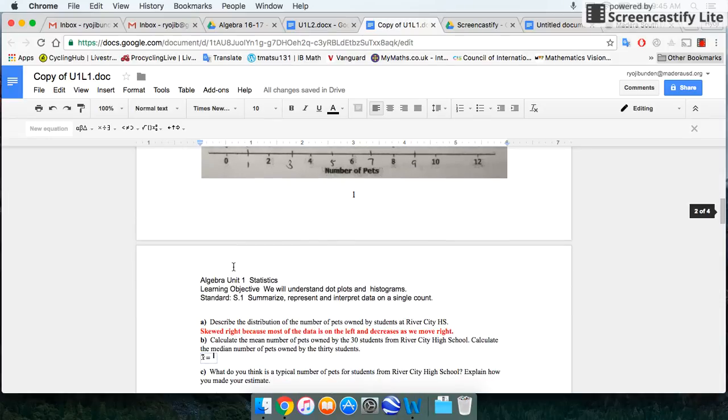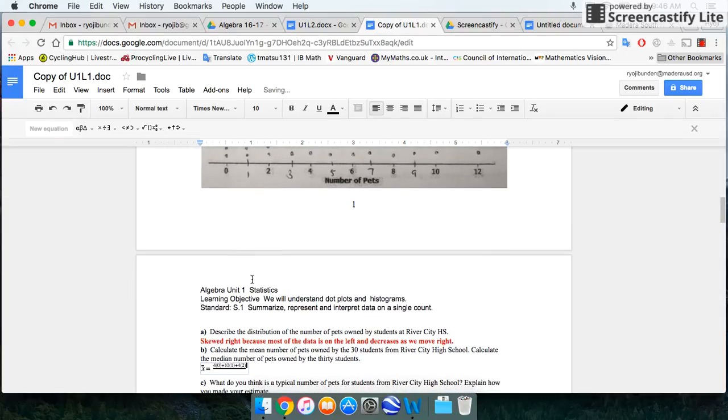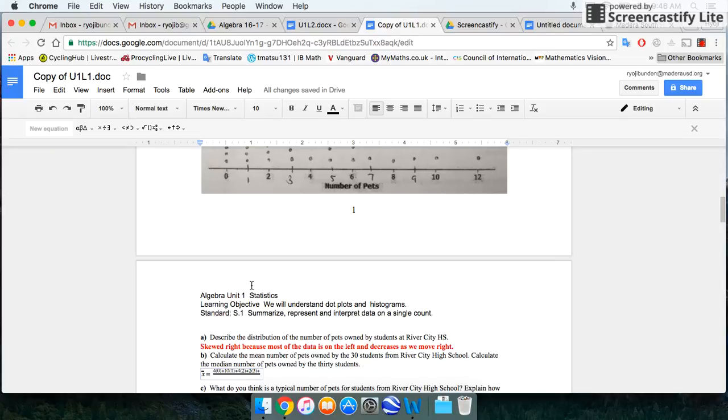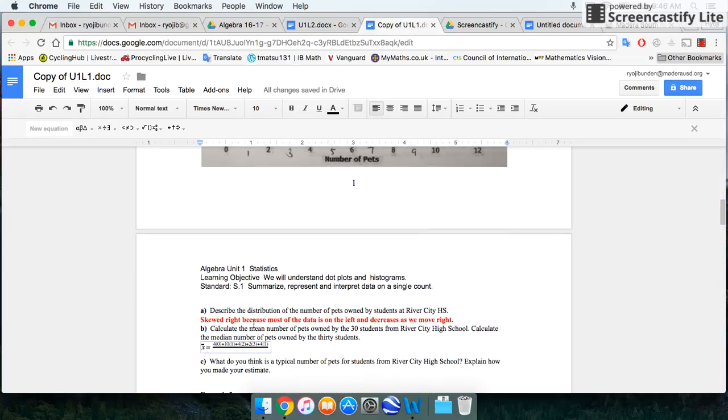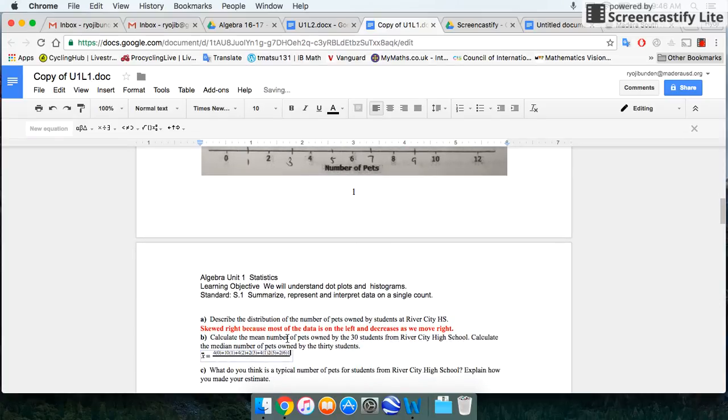So 0 occurs 4 times, so 4 times 0, plus 1 occurs 10 times, so 10 times 1, plus 2 occurs 4 times, so 4 times 2, plus 3 occurs twice, so 2 times 3, and then 4 occurs once, so 4 times 1, 5 occurs twice, 6 occurs twice, so 2 times 5, plus 2 times 6, 7 occurs once, 8 occurs once, so 1 times 7, or just 7, plus 8, plus 9, plus 10, plus 12.